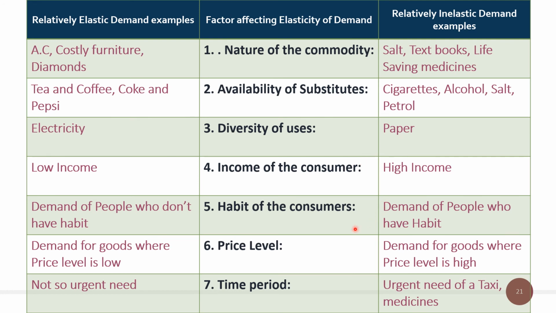I need you to reproduce a similar table in your notes. Go through all the factors affecting elasticity of demand, and fill up the examples in both these columns, just as I have done here. In this slide, I've not included factors 8 and 9. But you have to reproduce it in your book, the way I have shown it in this slide.